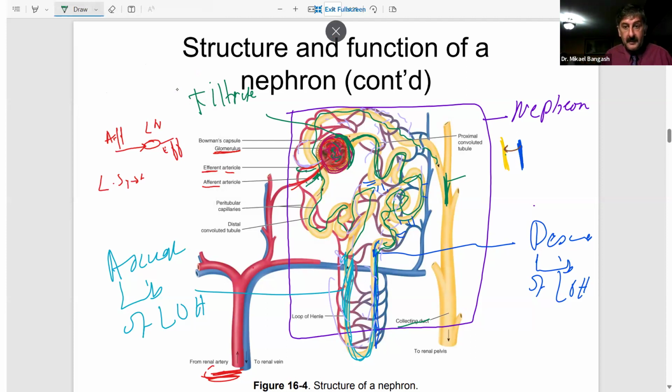So there may be things in the filtrate that your body says, well, you managed to escape out of the bloodstream here, we don't want you to become part of urine because we still need you.